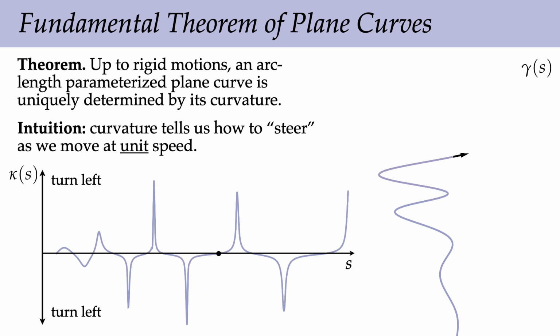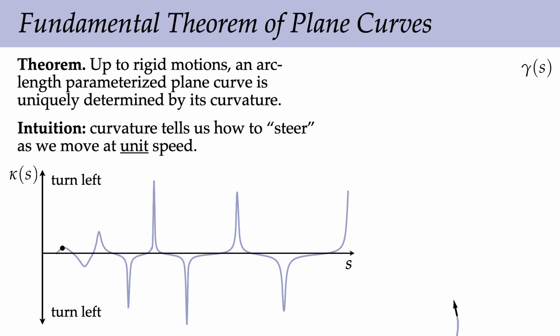If I just hand you the curvature function kappa of s, then I could replay this curve by walking forward at unit speed. If the curvature is positive, in this case, I'm going to turn left. And if the curvature is negative, I'm going to turn right. You can see in this example, places where I have very large spikes in curvature are places where I'm making a really rapid turn.